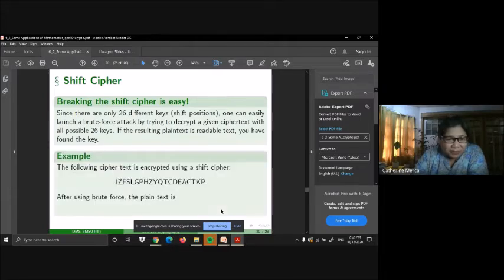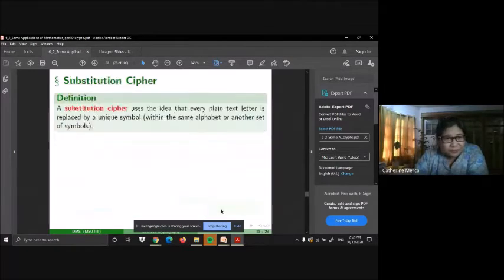For example, kani siya, JZFSLGP. Maski dili pa mo kabalo kung unsaon shift cipher, inyo lang pangitaan ng paagi nga mahimo na siyang okay, so you have won first prize by brute force. Like 26 naman, makaya na siya ituyok-tuyok sa inyong cipher wheel.